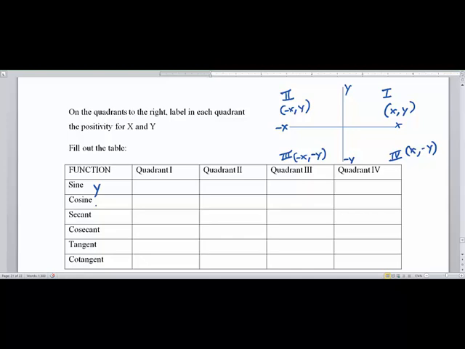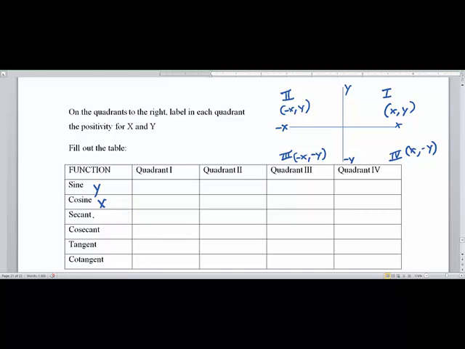The reason it's just y is because according to SOHCAHTOA, sine is opposite over hypotenuse, and since we have a unit circle, opposite, which is the y value, over hypotenuse, 1, is y divided by 1, which is y. And therefore cosine is just x, because that would be the adjacent side, x, over the hypotenuse, 1, and x divided by 1 is x.